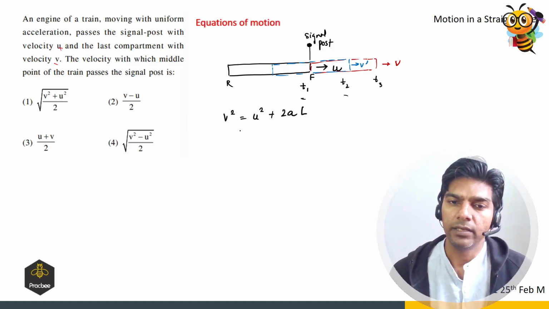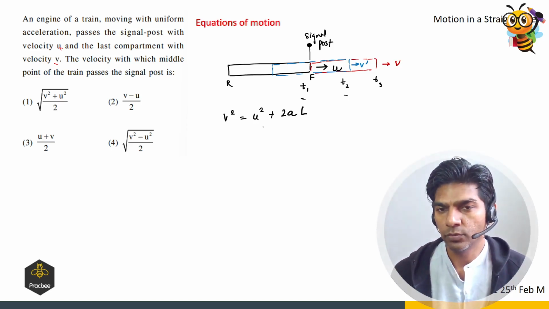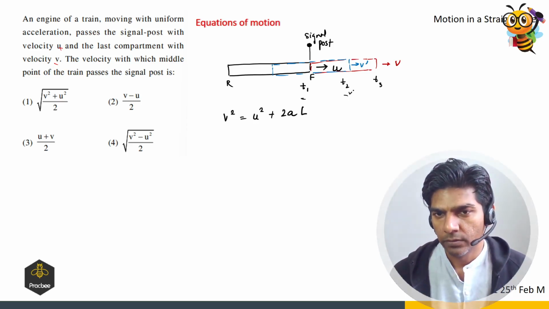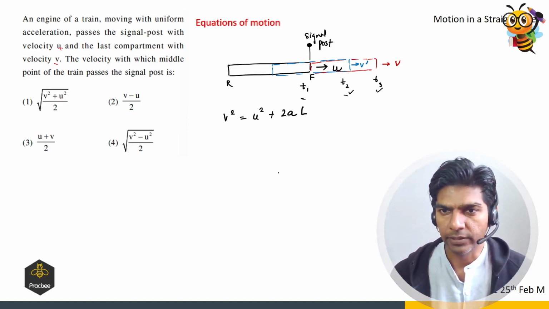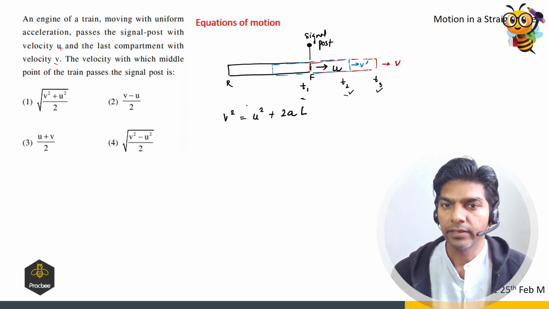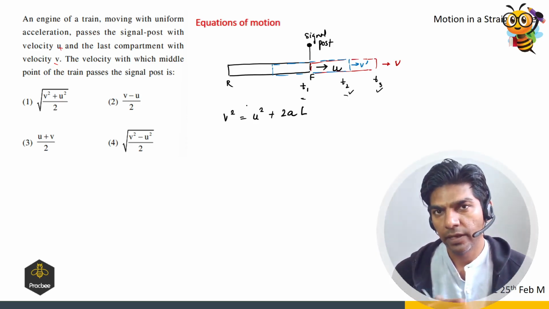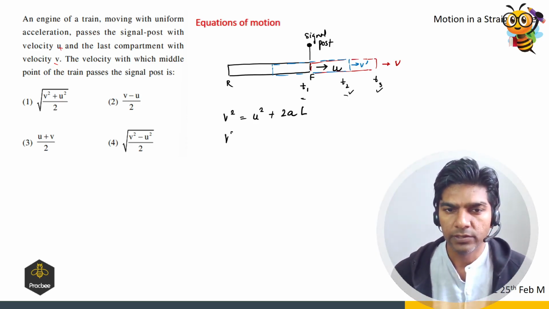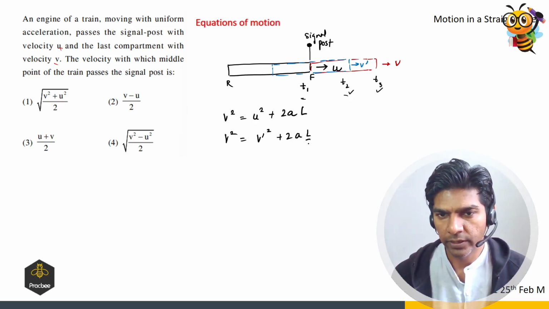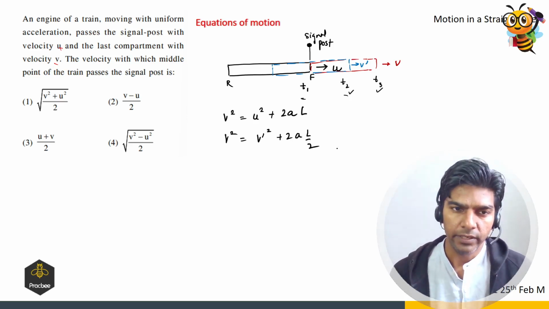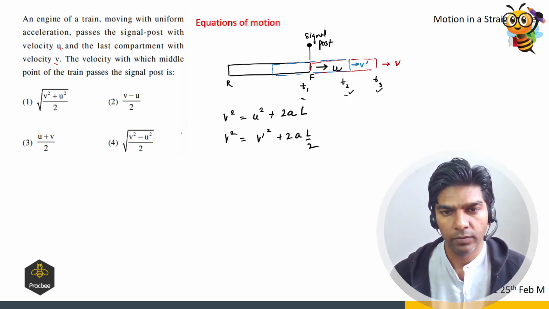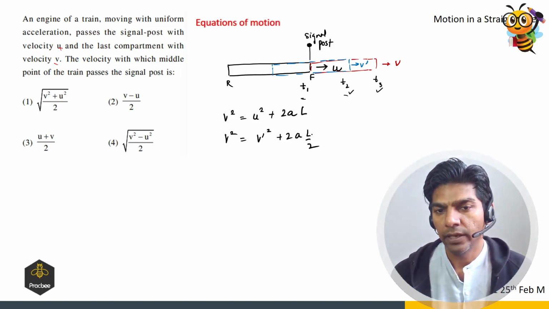Now if we apply the same equation of motion between t2 and t3, in that case the displacement of the train is L by 2. So we can say v square is equal to v prime square plus 2a L by 2. Right? Now what we have to do is eliminate aL.